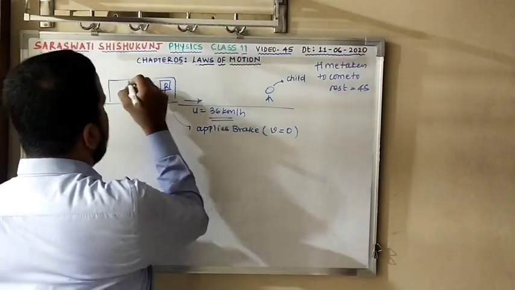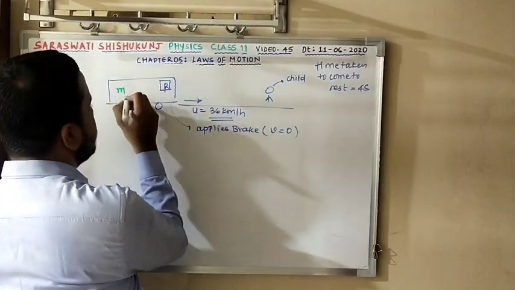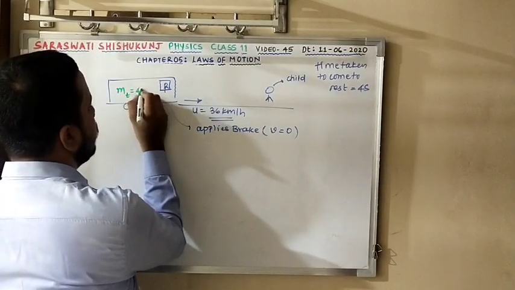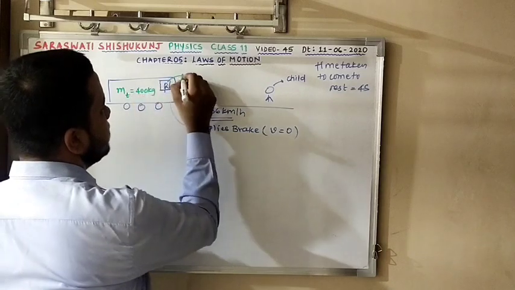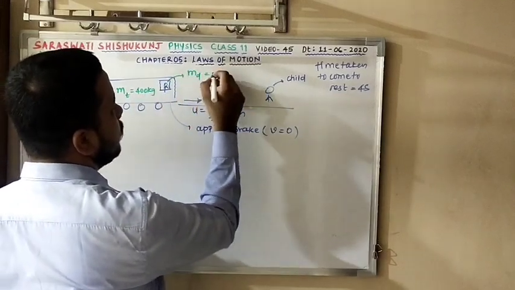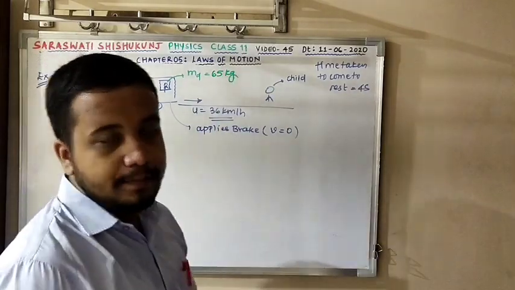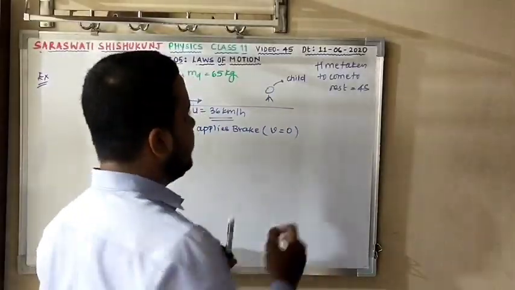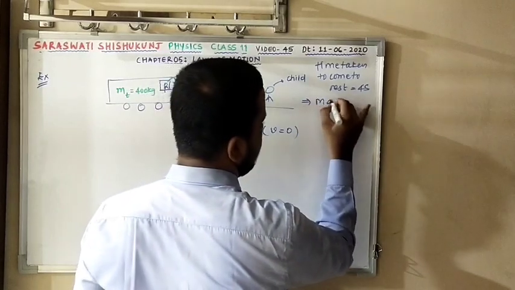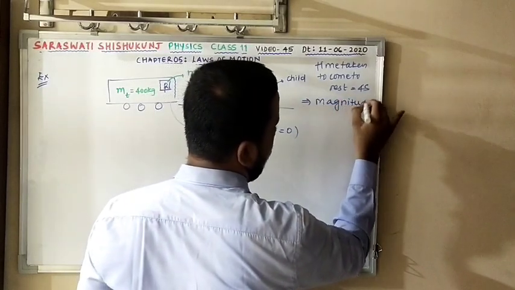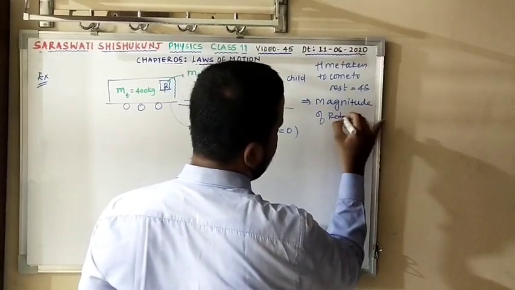They have told that the mass of the three-wheeler is 400 kg. Clear? And the mass of the driver, they have told it is 65 kg. They are asking over here magnitude of retarding force.